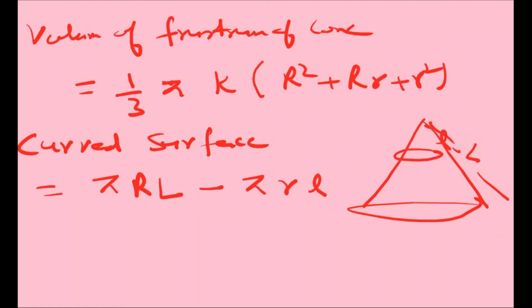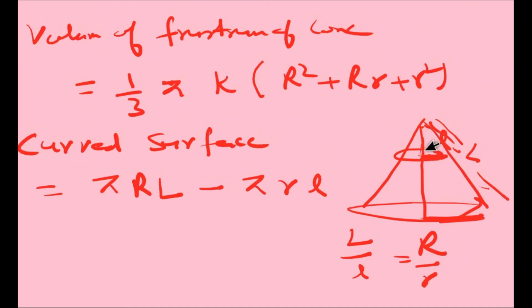Okay, now the ratio between L and l we can find this way. L is total, capital L. In this triangle and this triangle, we can find the ratio L upon small l equal to, in the big triangle that is capital R, and in the small triangle that is small r.